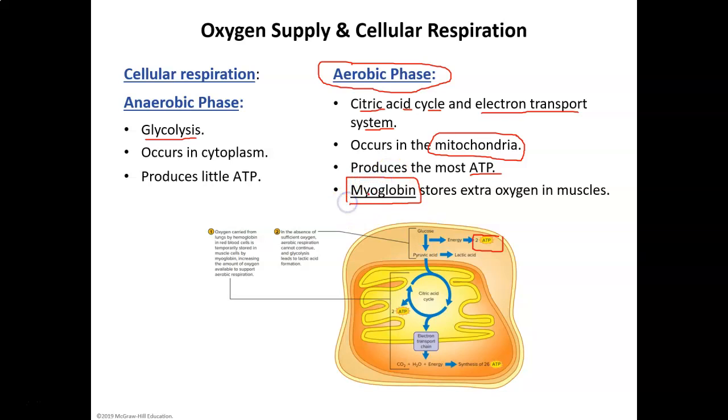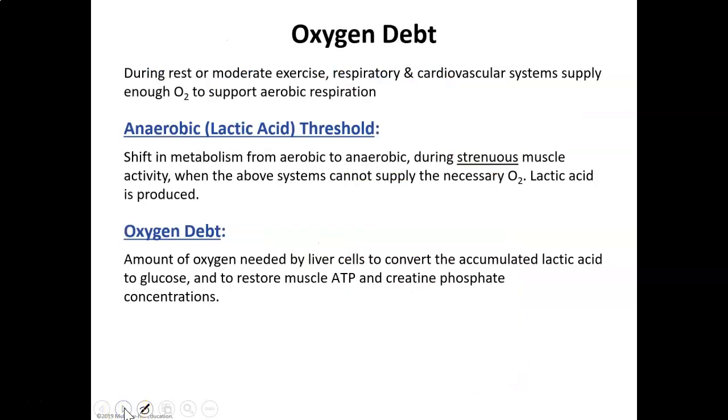Myo means muscle, right? So myoglobin is a source of oxygen when oxygen is running low in a muscle cell. And that oxygen will allow you to continue in the aerobic phase of cellular respiration to make more ATP. So myoglobin allows you to keep going for a little bit longer.